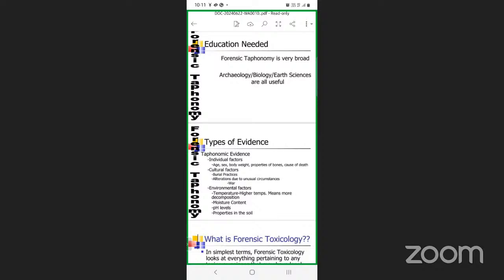We collect the age, sex, body weight, properties of bones, cause of death, even burial practices, alterations due to unusual circumstances like war, and environmental factors like temperature, moisture content, pH levels, and properties of the soil.